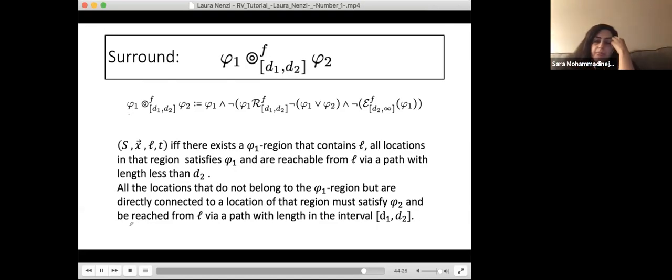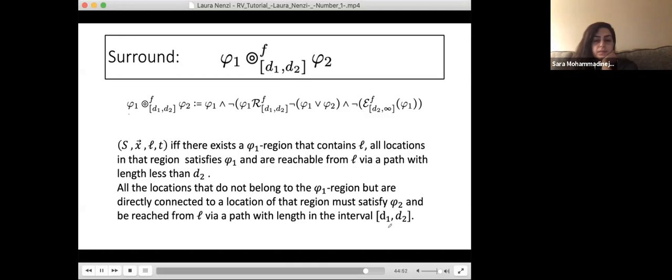And then we have the metric constraint that says that all these locations that are directly connected with some location that belongs to phi1 must be reached from L via a path with length in the interval d1 and d2.